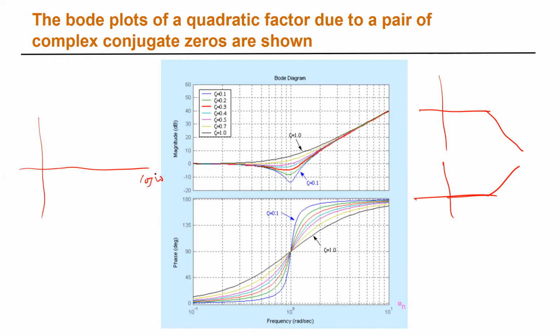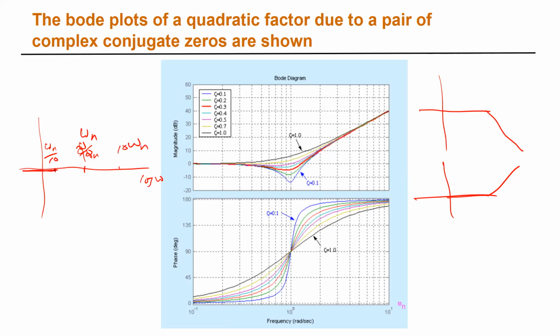If this is the corner frequency, omega n, then I take omega n over 10, one decade before, and 10 omega n.